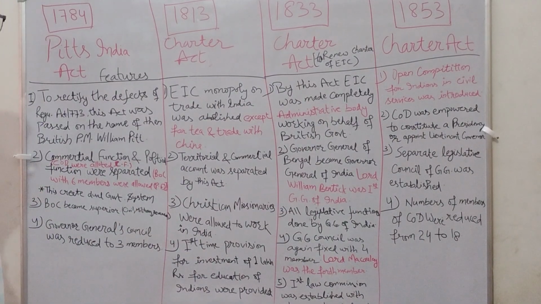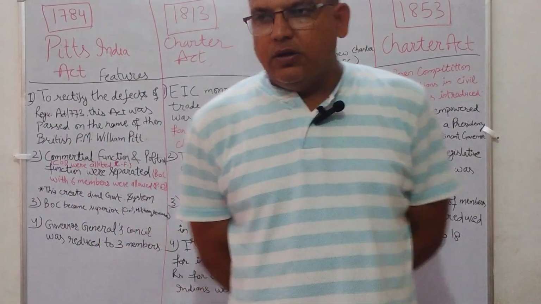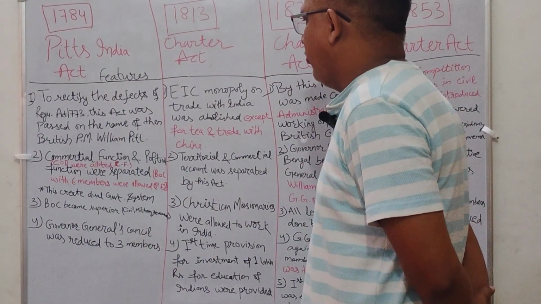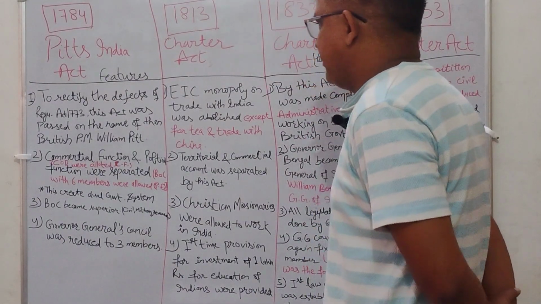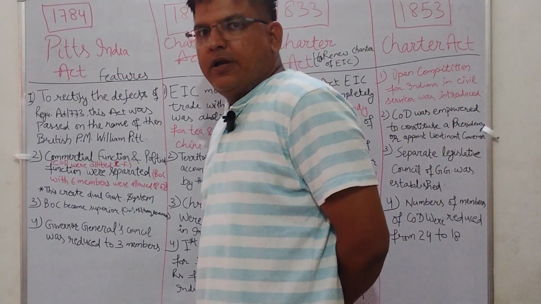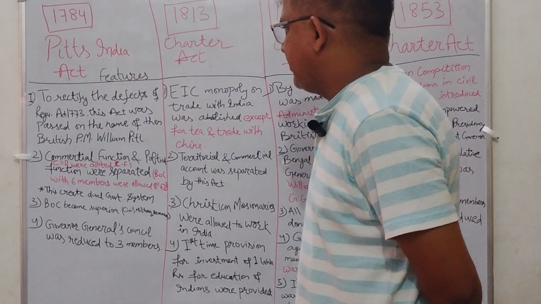The second feature of this act was that the commercial function and the political function of the company were separated. The political function was given to the Board of Control with 6 members, and the commercial function of the company was given to the Court of Directors.